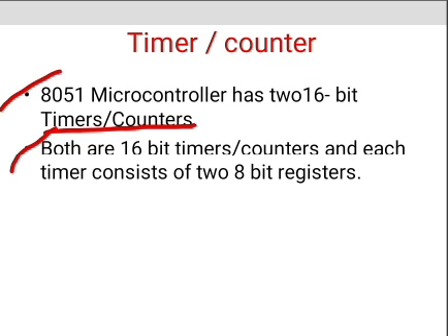They can act as a timer or counter. In the counter mode, they count the number of high and low transitions of the signal applied to the timer pins. That means in the counter mode, we perform counting operations.